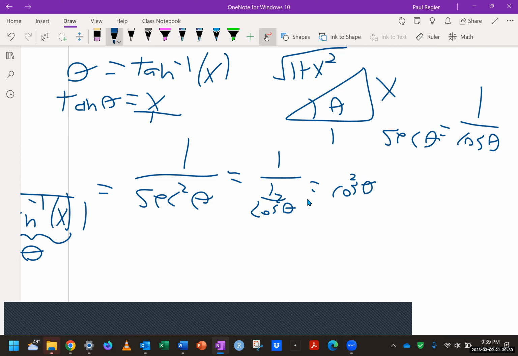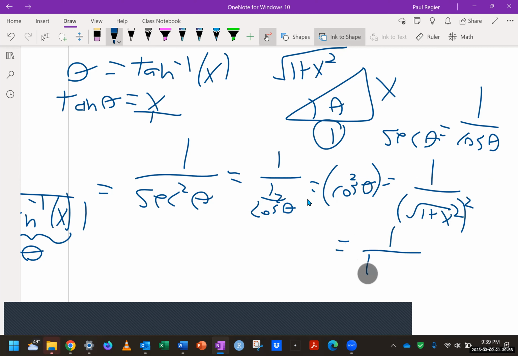Okay, now I'm back to what I know. I know cosine is adjacent over hypotenuse. So this would be 1 over the square root of 1 plus x squared. But since this is cosine squared, we would square that. And that leaves us 1 over 1 plus x squared. Rather simple. And so this is what g prime of x is.